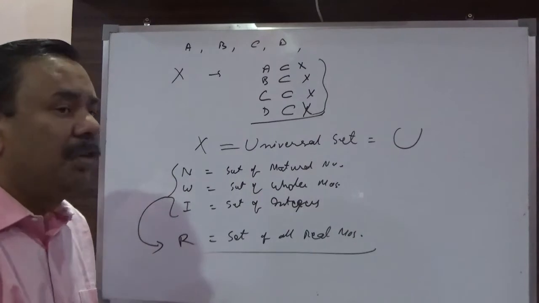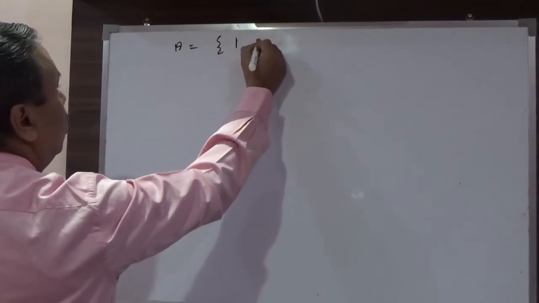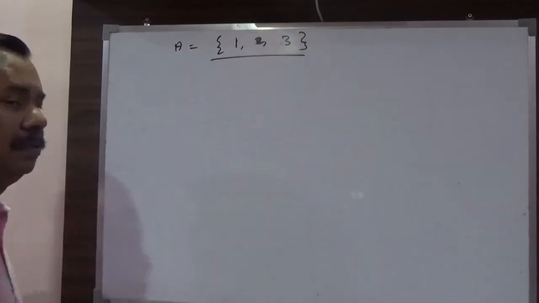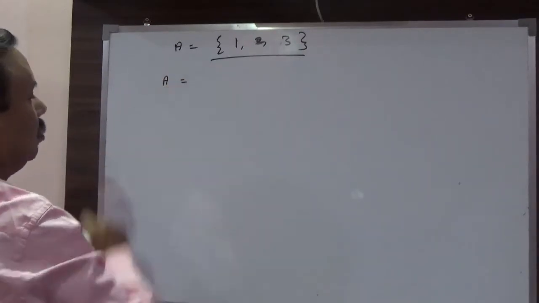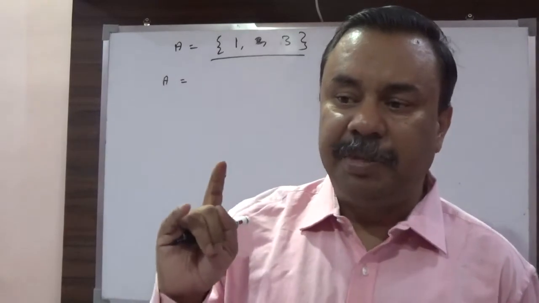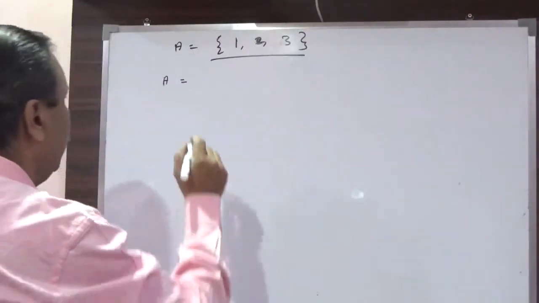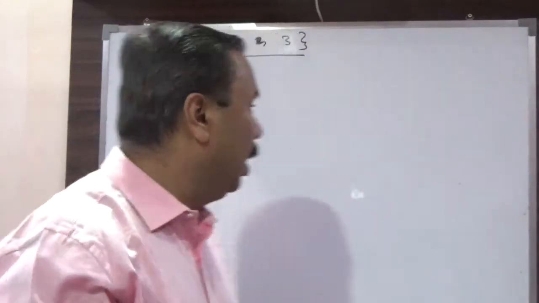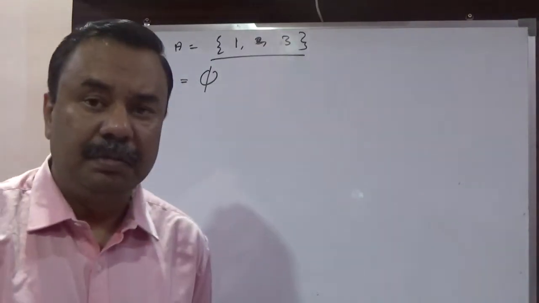Now, what will the subsets be? If you are given a set A with elements 1, 2 and 3, and I say write down all the subsets, the first subset is the empty set.